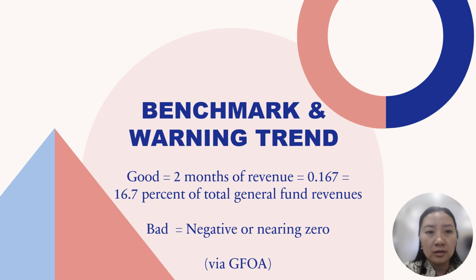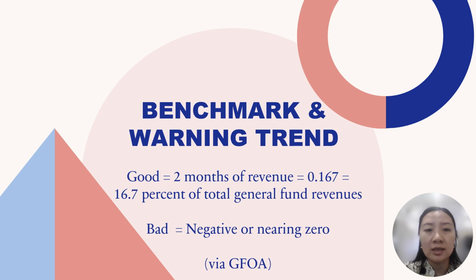Here are the benchmarks and the warning trends. This is from the Government Finance Officers Association, known as the GFOA. The benchmark for a good unassigned fund balance ratio is 0.167, which is 16.7%.